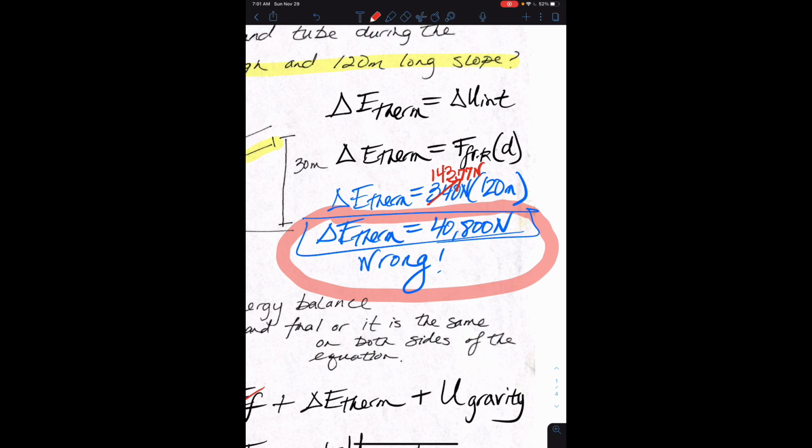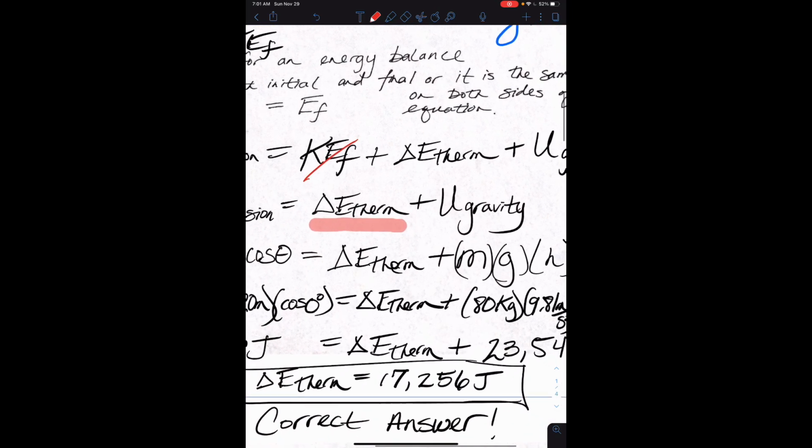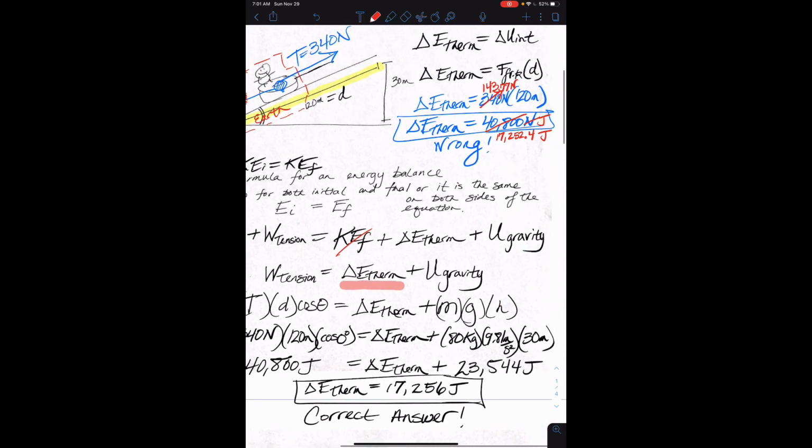It is 17,252.4. I wrote newtons here earlier. Oh, whoops. Let's correct that too. It was double wrong. All right, joules. And does that agree with what we had from doing it the correct way down here? And it does. So you can see now that this is correct.